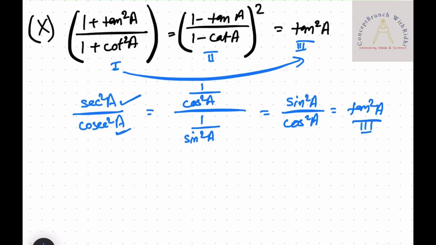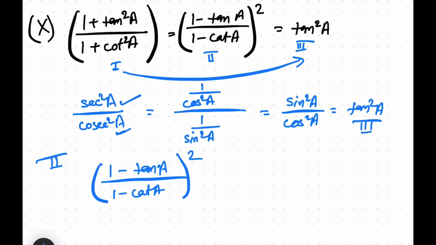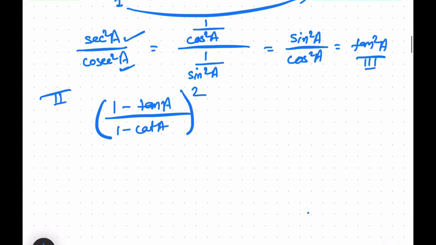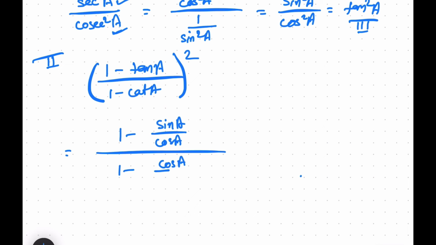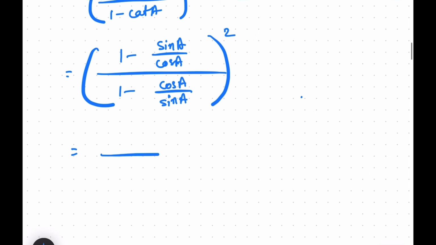This part is done. Now let's do the second part. What does the second part say? 1 minus tan A divided by 1 minus cot A whole square, correct? What we will do? Let's convert the tan and cot into sine and cos. So 1 minus sine A divided by cos A, 1 minus cos A divided by sine A whole square, correct? Next, take an LCM.